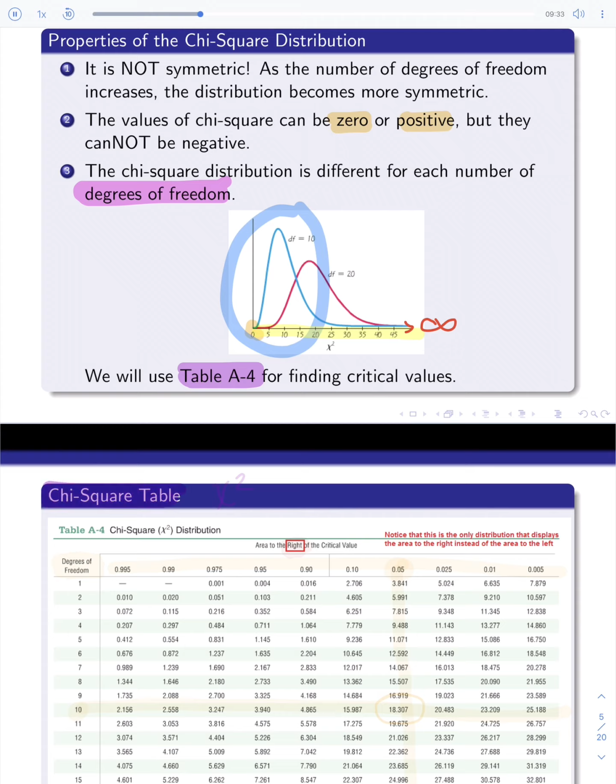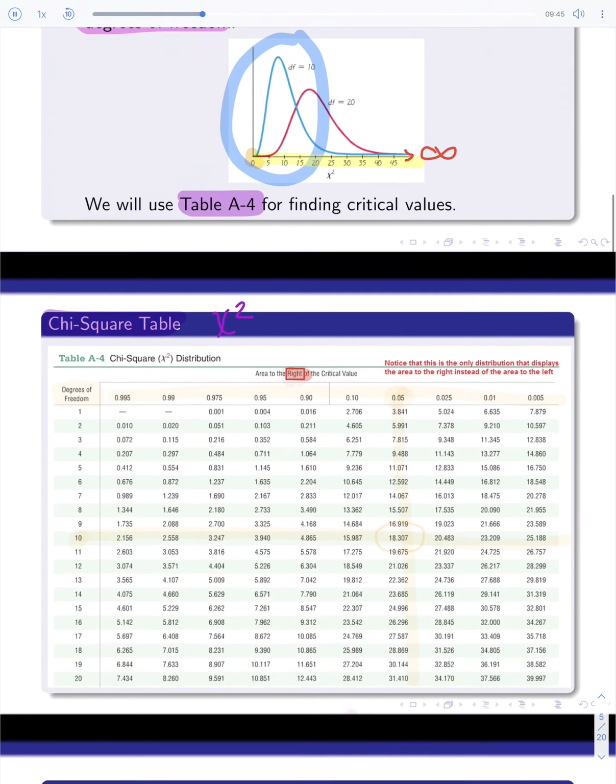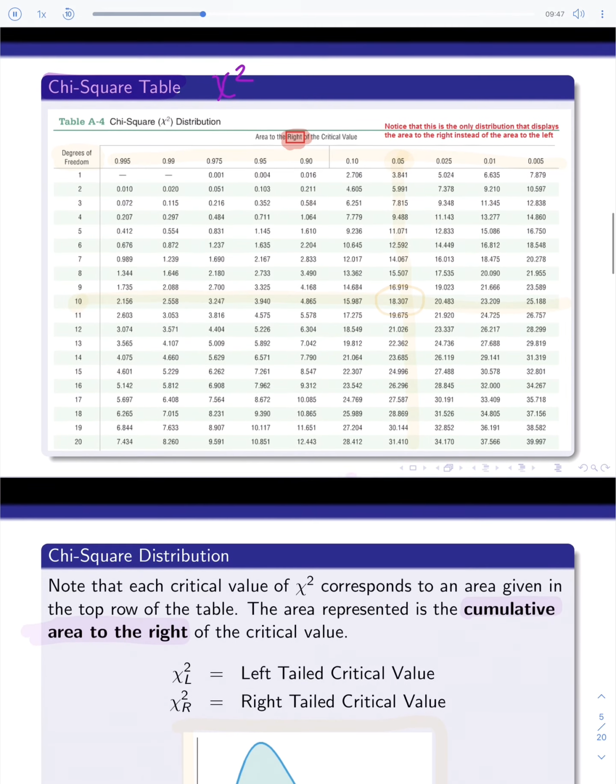Notice this chi-squared table is actually very special because it's the only table in which we're talking about areas to the right. The normal distribution table, the t-distribution table, and the inverse t and inverse norm functions all used an area to the left. This one is the only one that will ever use an area to the right.